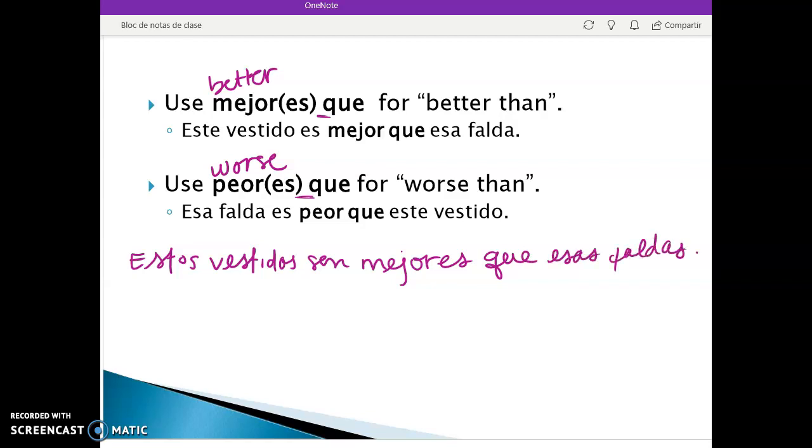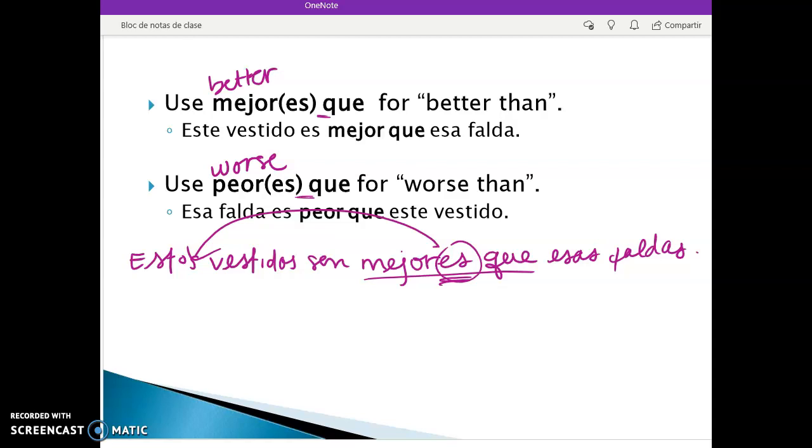So you'll see here how I made this mejores plural, with the es, to agree with estos vestidos because that's plural. You can do the same thing with the second sentence. Esa falda es peor que ese vestido, meaning that skirt is worse than this dress.